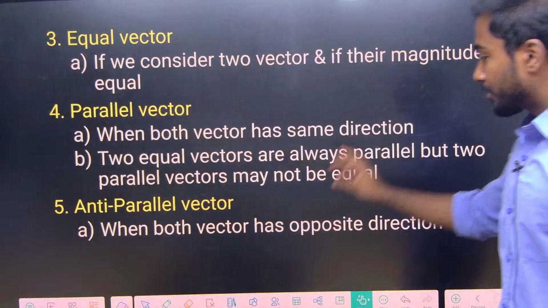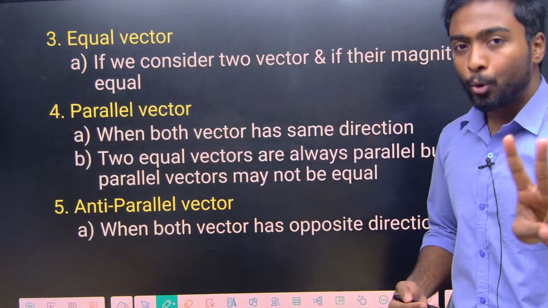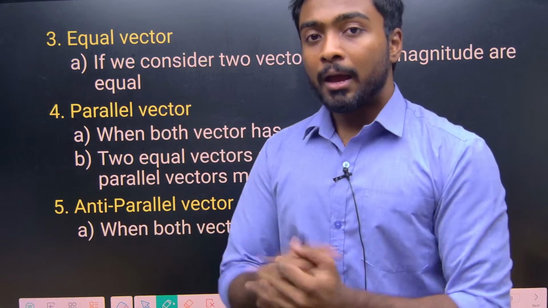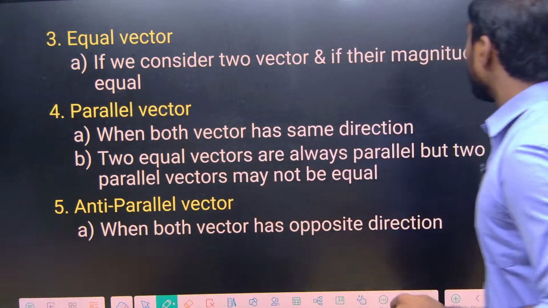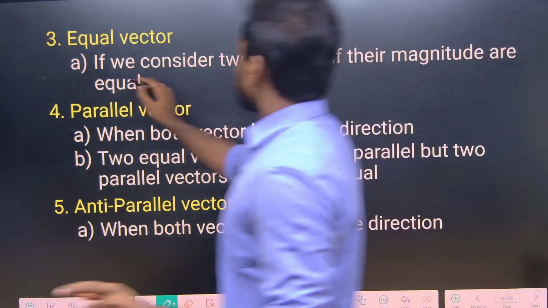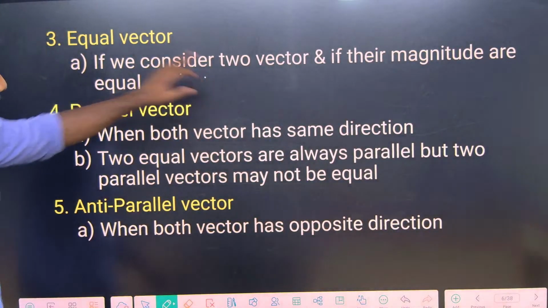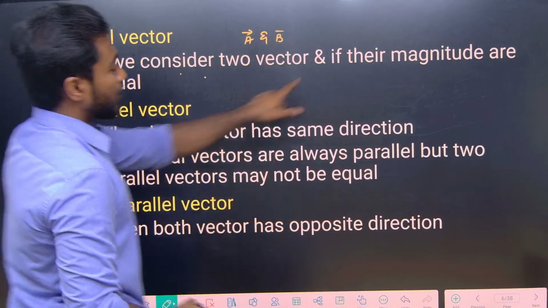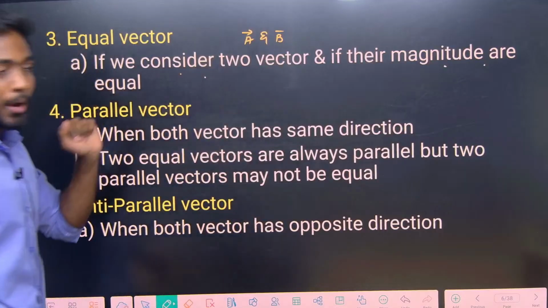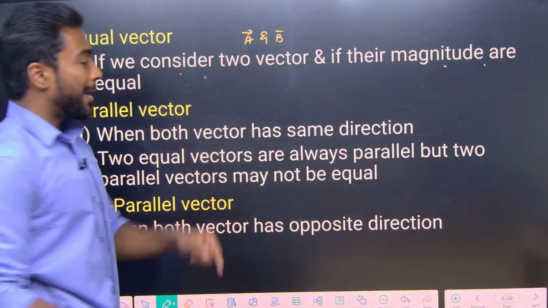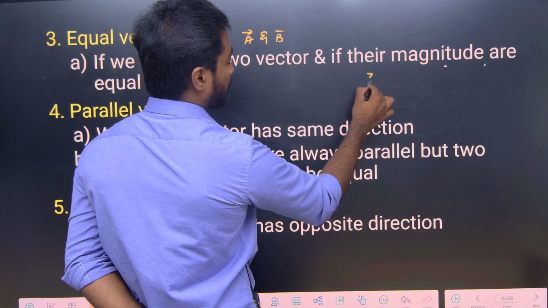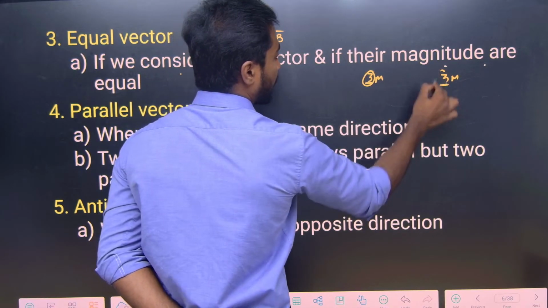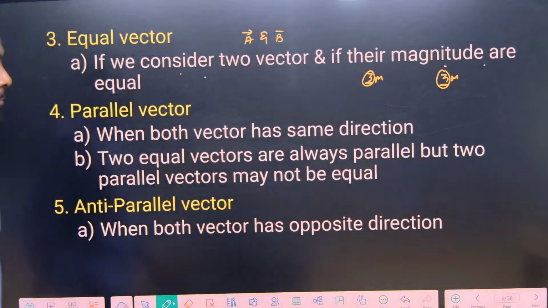Next is the equal vector. Like the name suggests, if I talk about two vectors, a vector and b vector, with the same magnitude, they are equal vectors. For example, 3 meter and again 3 meter, this 3 is called the magnitude.